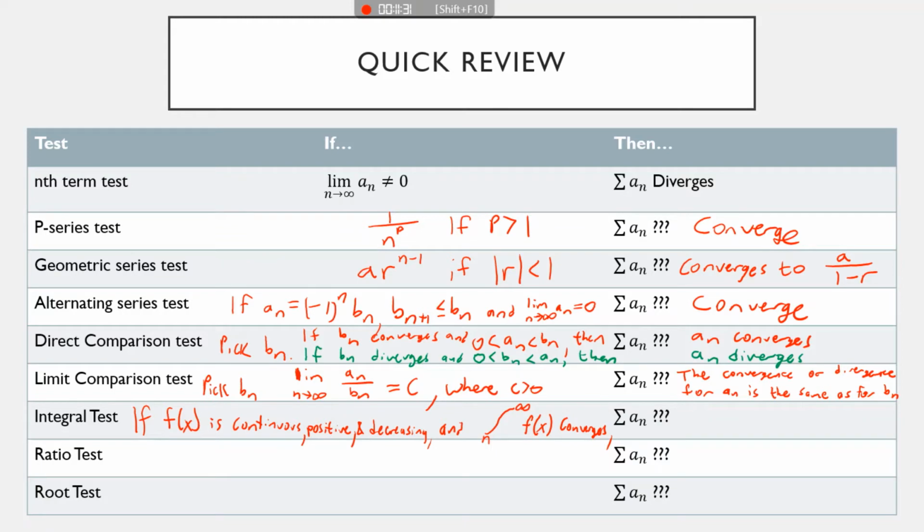It converges. Right. The sum of a to the n converges.